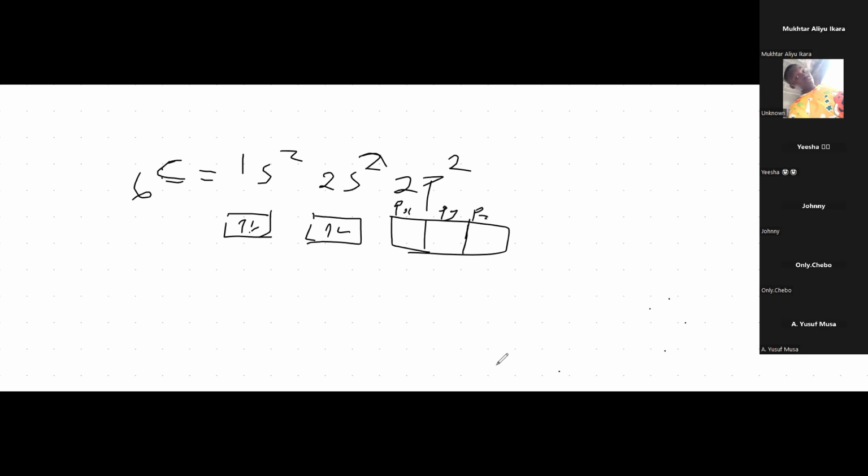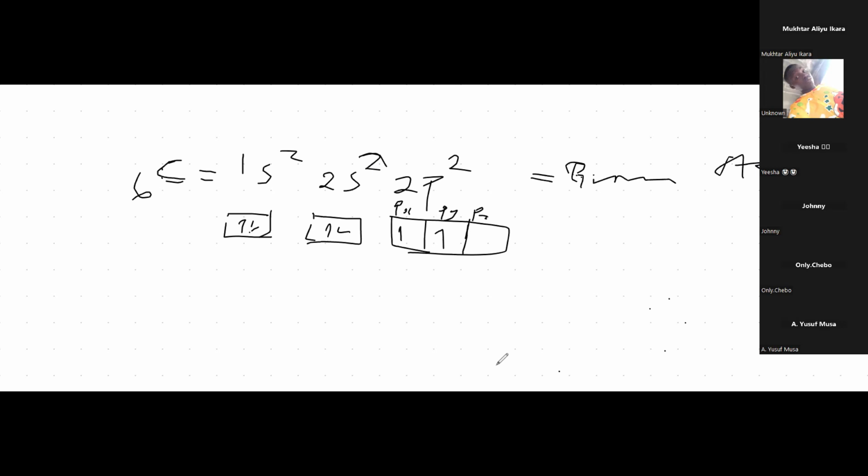In the first box we have 1 electron, and in the second box we have 1 electron. So this carbon is at the ground state.